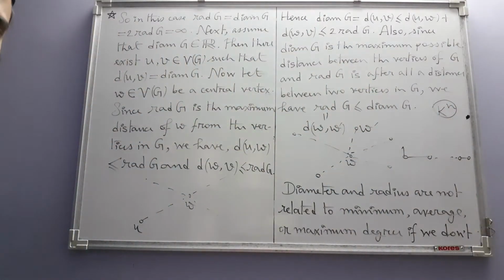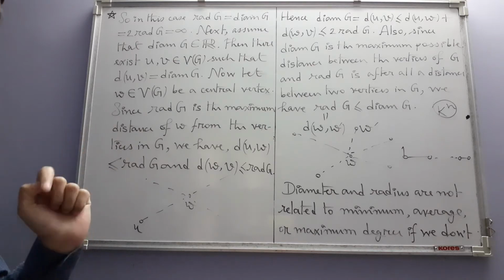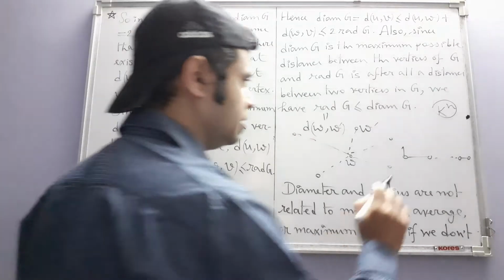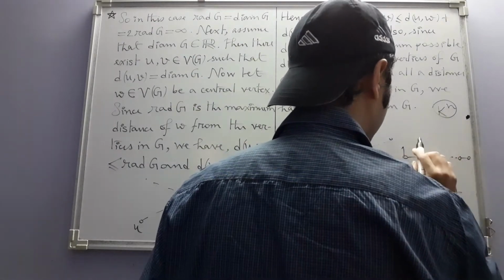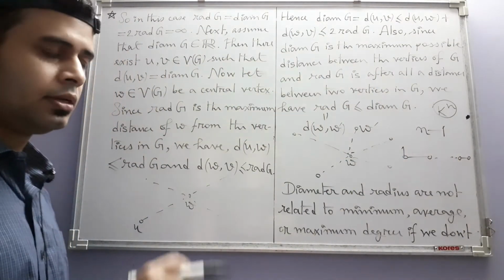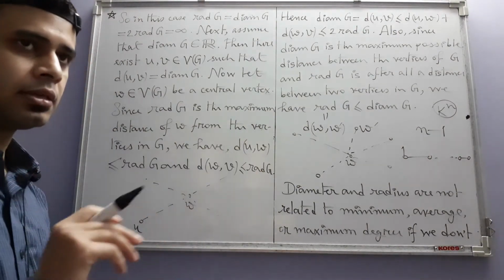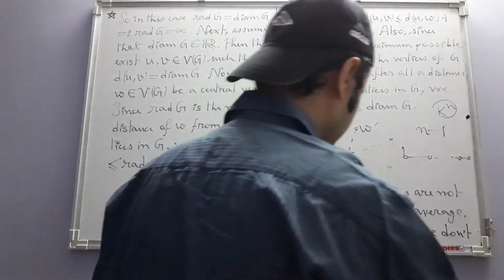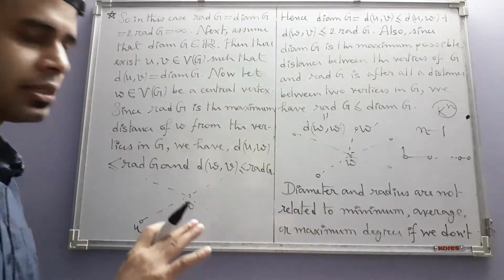Kn, the complete graph on n vertices. Because that graph is complete, the distance between any two vertices is 1, so the diameter is 1. But the minimum degree keeps on increasing because in a complete graph with n vertices, each vertex has degree n minus 1. It has all the vertices as its neighbor except of course itself. So that way these parameters are not related.